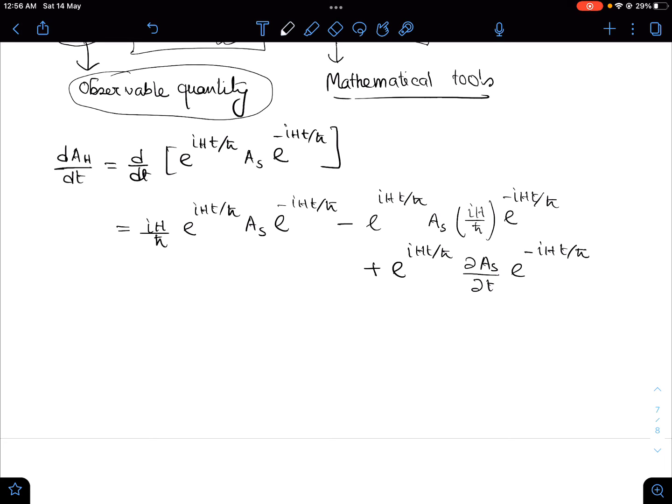If we look closely, this Hamiltonian is also a function of the Hamiltonian, so these two commute. So we can put this H inside.